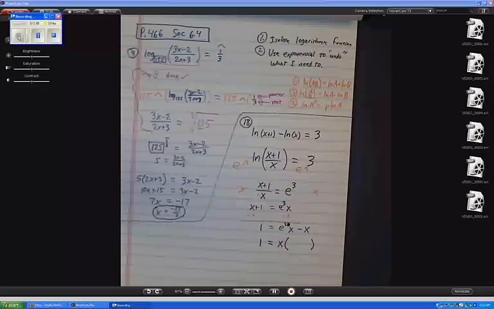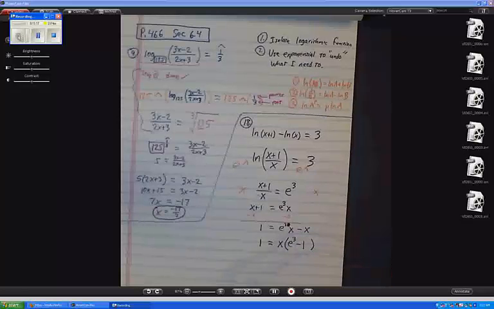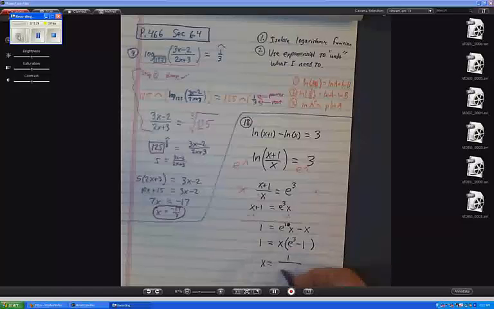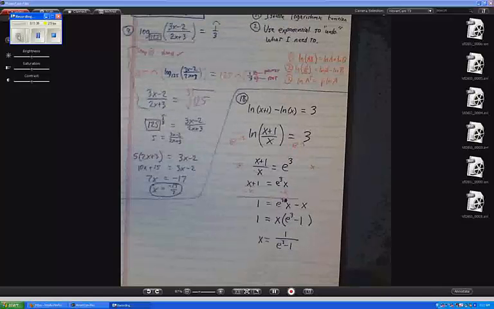What would you write? E cubed minus 1. All right? And sure enough, if you look at the answer given in your answer key, they're going to write it like this. X is 1 over e cubed minus 1, because they divide both sides by e cubed minus 1 and they get it.